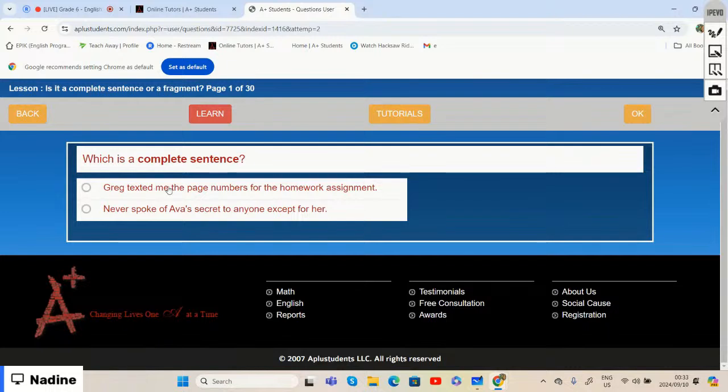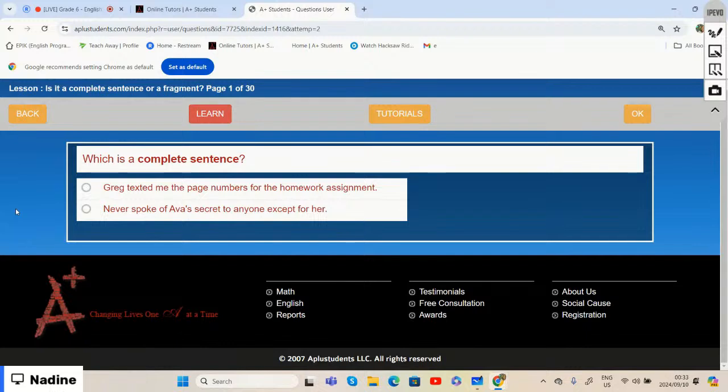All right, so which is a complete sentence? We are now going to identify a complete sentence within this test. Is it option one, Greg texted me the page numbers for the homework assignment?